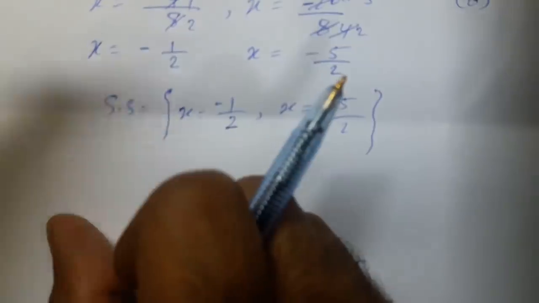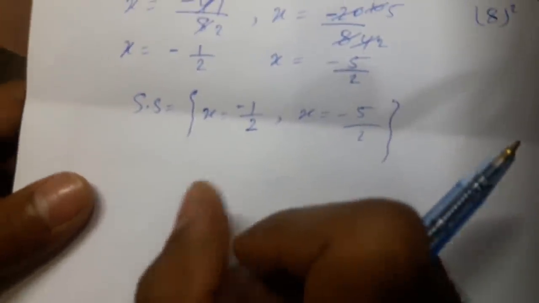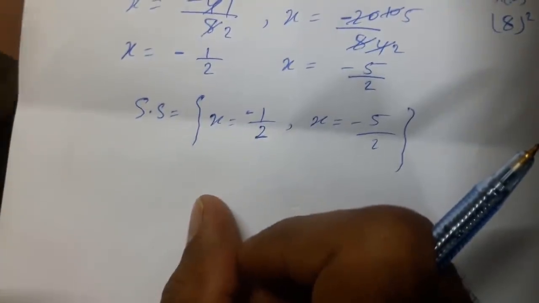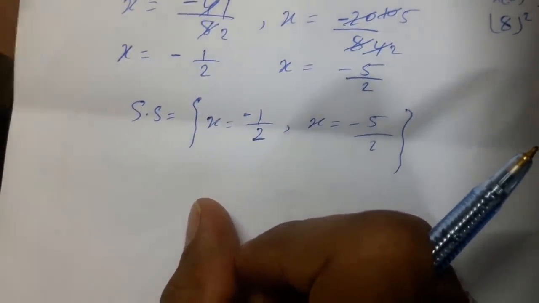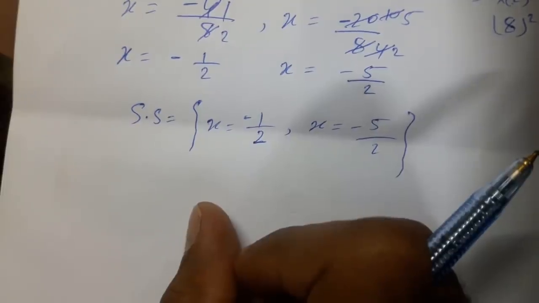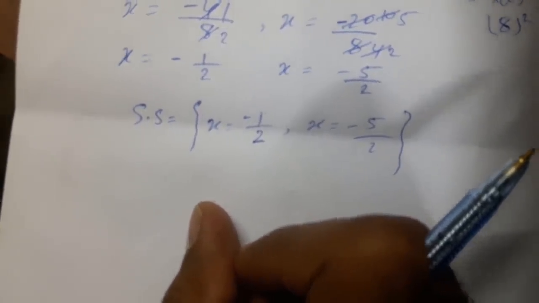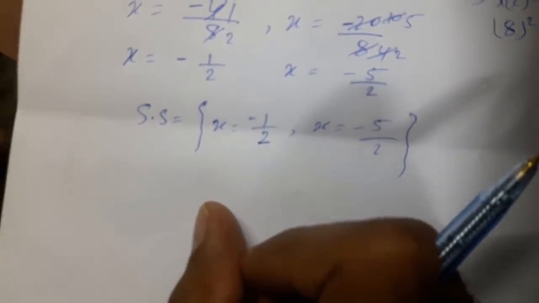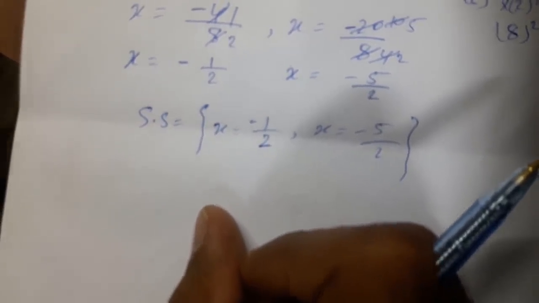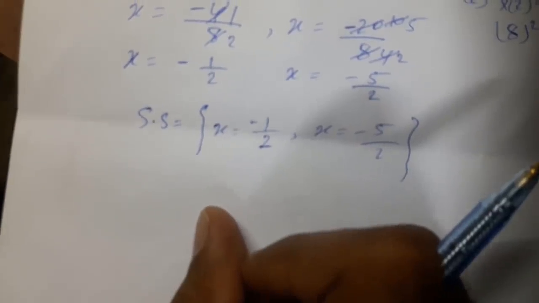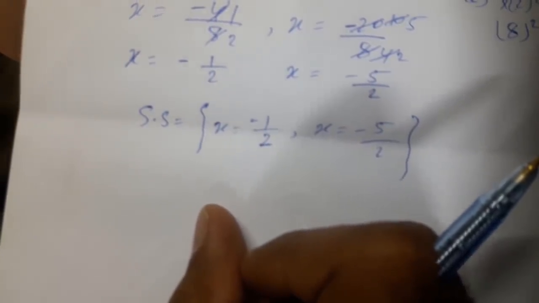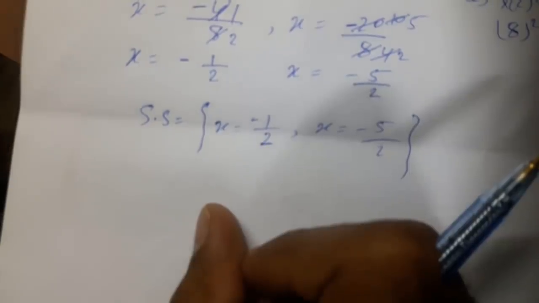You should understand that the answers from the three methods should be the same if the factorization is possible. If the factorization is possible by the multiplication method, the answer is the same from the three methods. If the factorization is not possible by the multiplication method, the answer will not be the same from the three options.